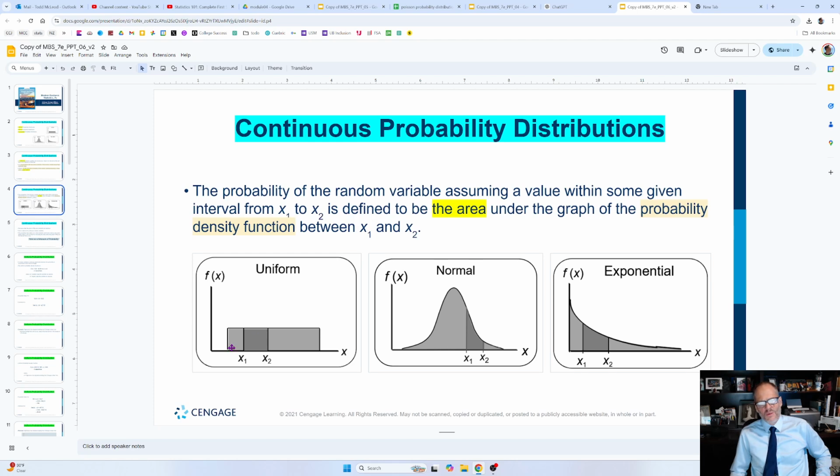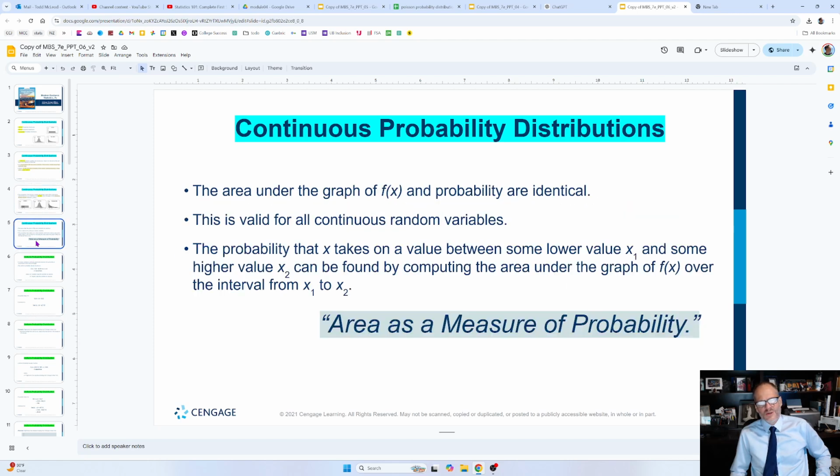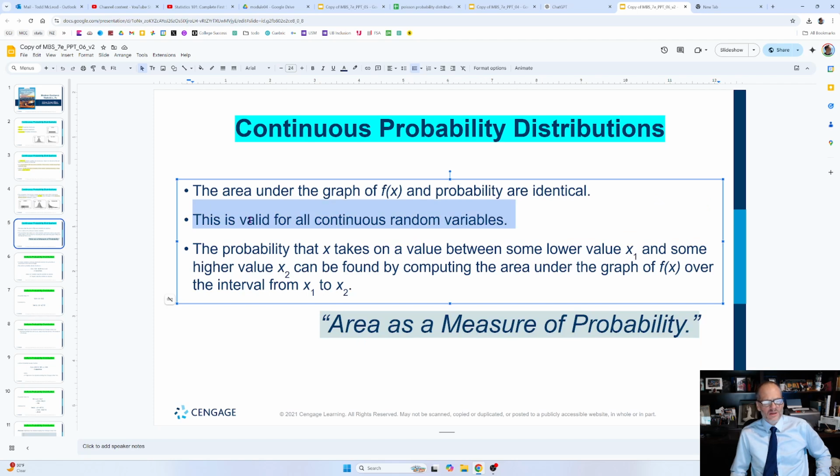So we could say this is width times height, and the width times the height will give us this probability here. That's just an interesting little anecdote that's included in the book and also here in the presentation. This is valid for all continuous random variables. The probability that x takes on a value between some lower x1 and some higher x2 can be found by computing the area under the graph over the interval from x1 to x2.